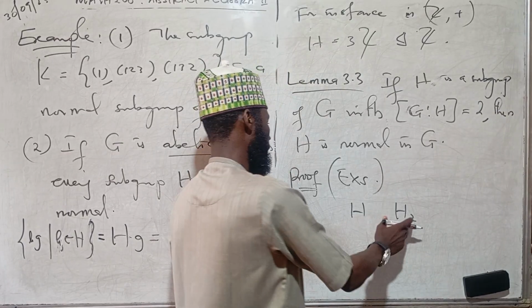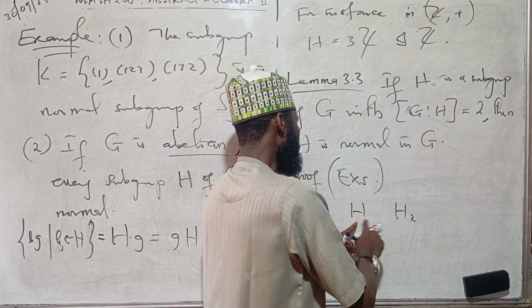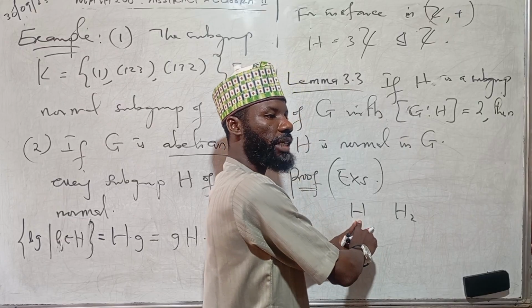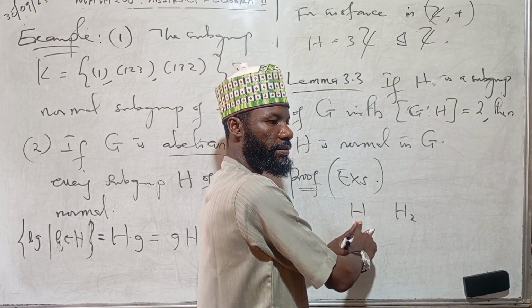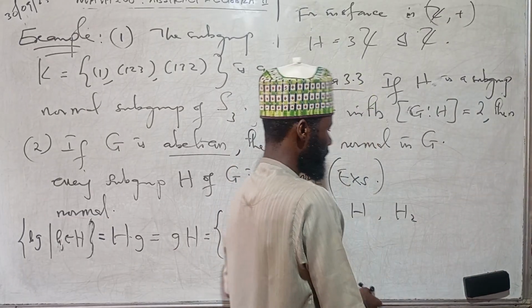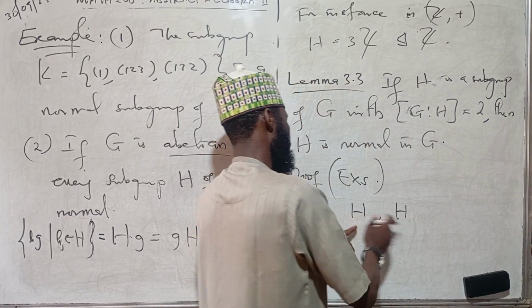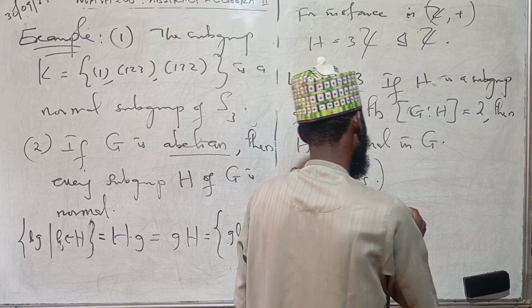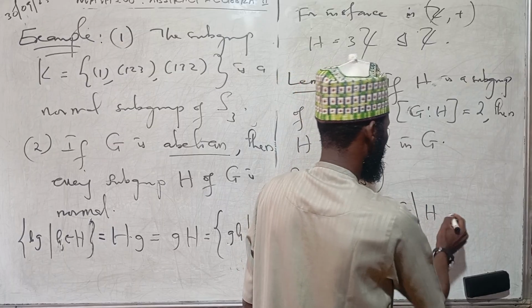What you need to understand is that the first of the left cosets must be H. And then the other one will be the complement of H. So the other coset will definitely be G minus H.